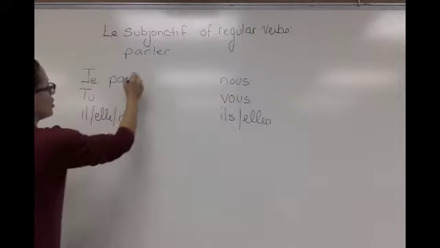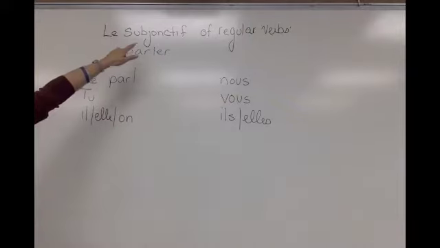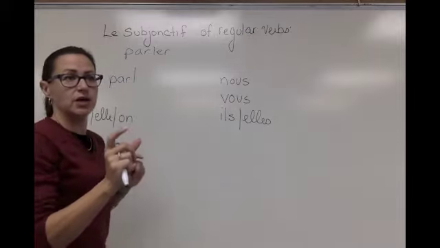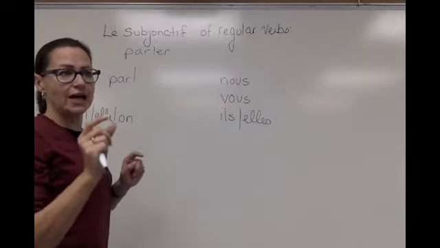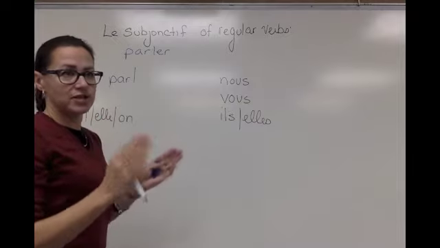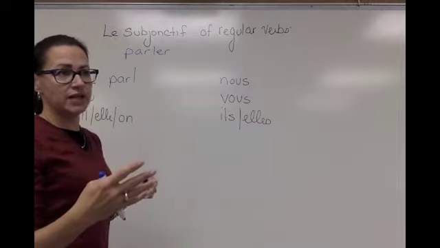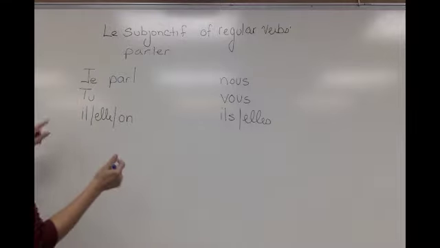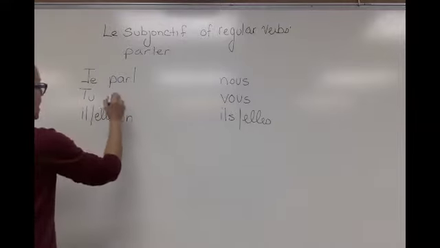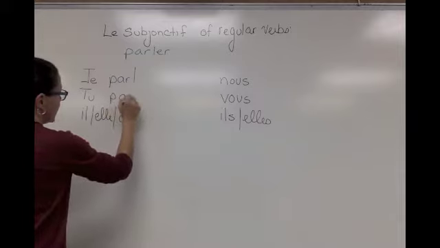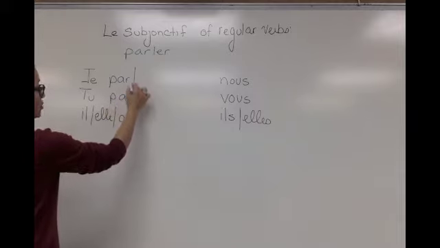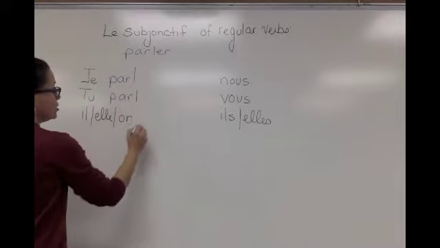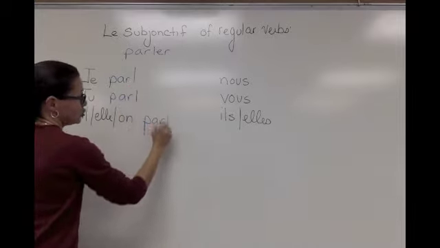In order to form your subjunctive, you're going to take the third person plural, ils, elles. You're going to take that root, take off the ENT, and then you're going to tack on the new ending for the subjunctive. So for parler, it's going to be P-A-R-L, because remember, third person plural, P-A-R-L-E-N-T.